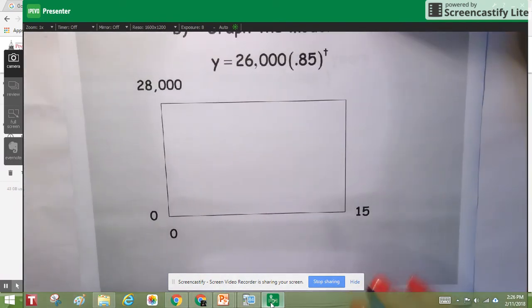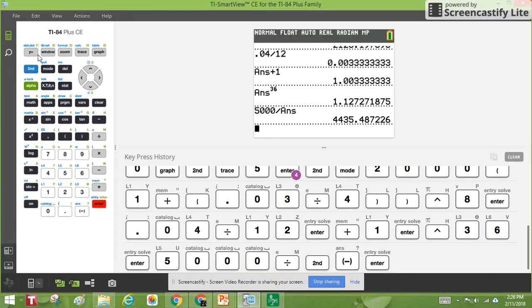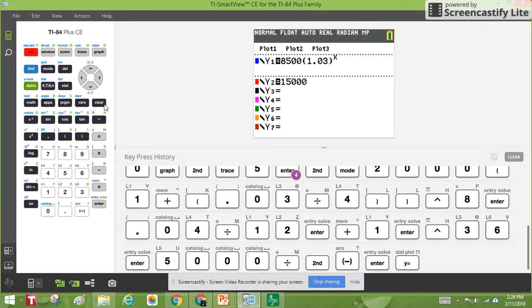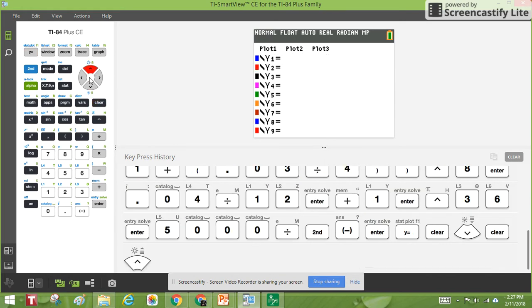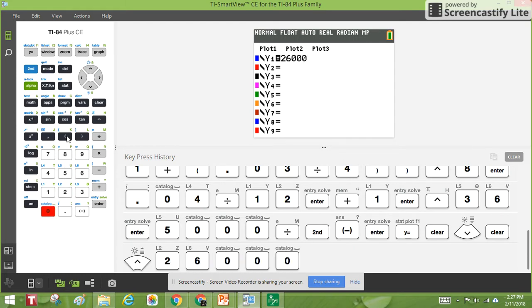If I graphed it, again, you're just going to go to your calculator and go to your Y editor and go ahead and put this in. So it would be 26,000 times 0.85, because now I have 1 minus 0.15, so it would be 0.85.